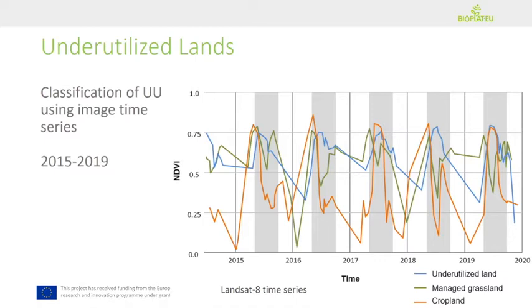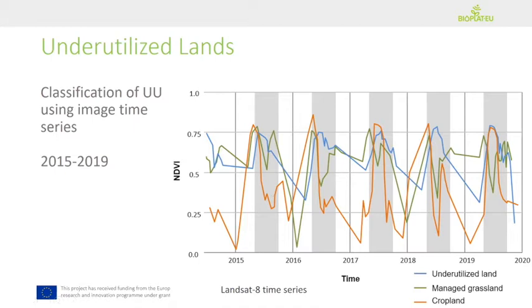Each line represented here is 1 pixel on the ground, so 1 field, for example. If we look at the orange line, it's a cropland area. When we see how the reflectance develops over time, we can see that in winter, I hope you can see my mouse, it goes down. Then when the crops start to grow, it goes up, and at some point in summer, it's cut and even plowed.